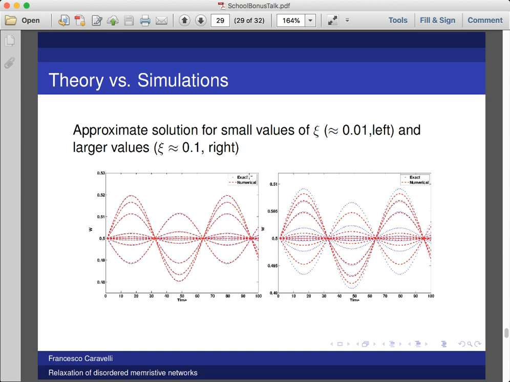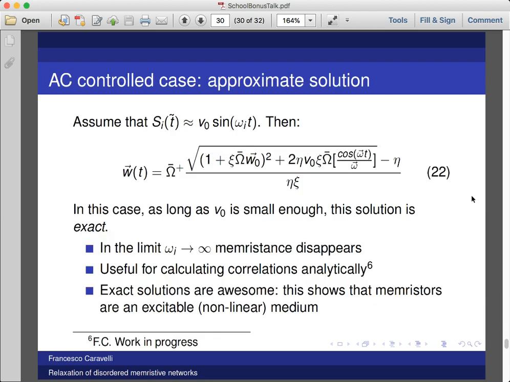Here I'm looking at exact versus numerical results, and you see they match very well. If you increase the nonlinearity, they match less, but at least they follow the same pattern. In the case of cosine, this looks like this. So omega bar, omega plus is the Moore-Penrose inverse of the projector operator.